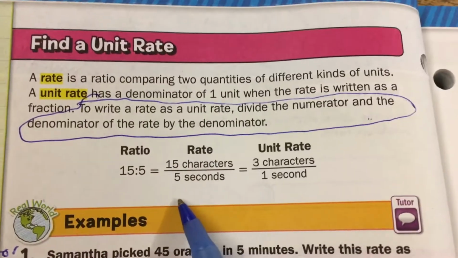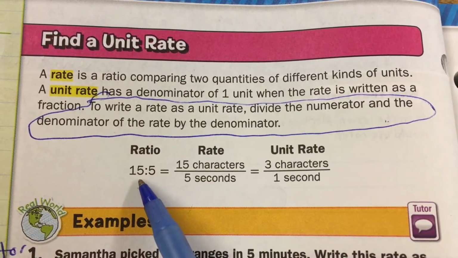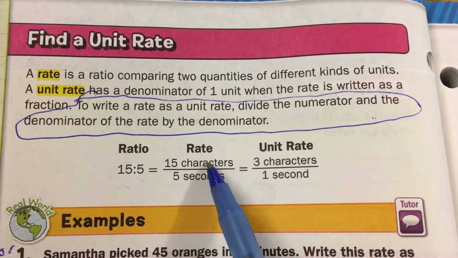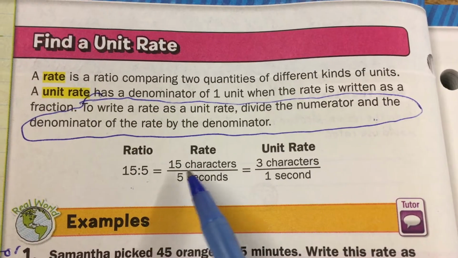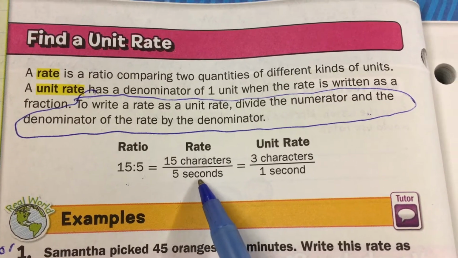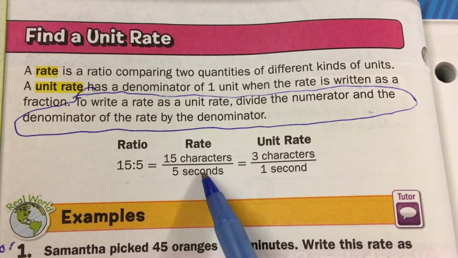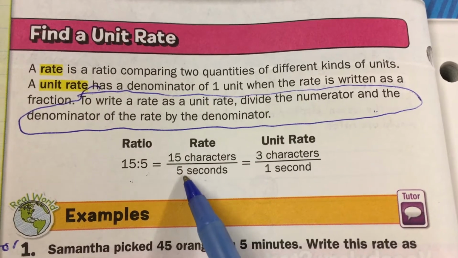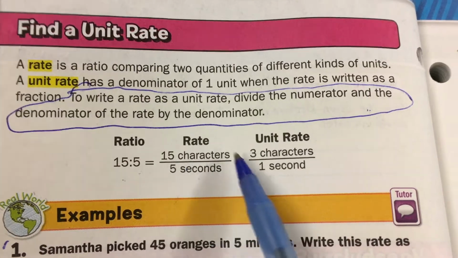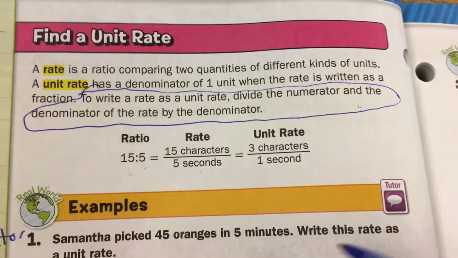Now, this is an example. If the rate ratio is 15:5, we're talking about characters per second. So you write it as a rate, 15 characters per 5 seconds. And then if you divide the numerator and the denominator by this denominator, the smaller number, 15 divided by 5 is 3, 5 divided by 5 is 1.